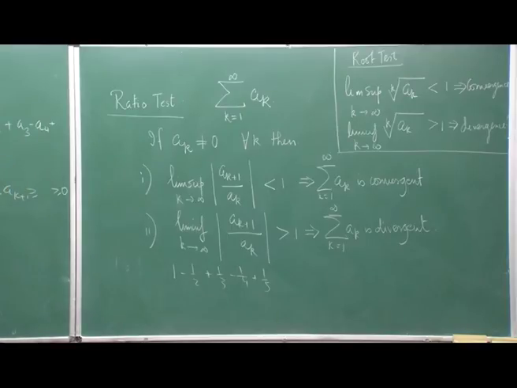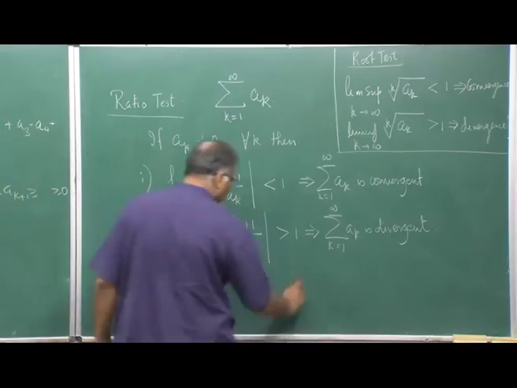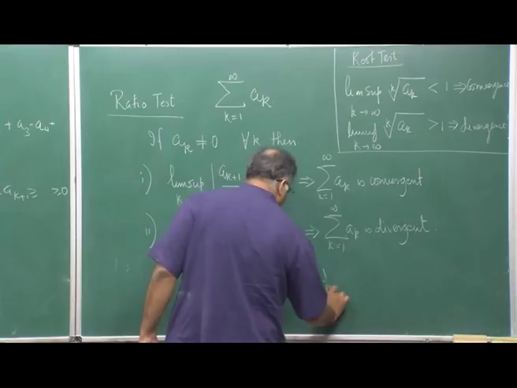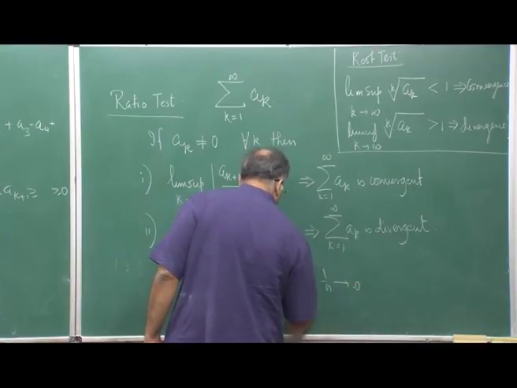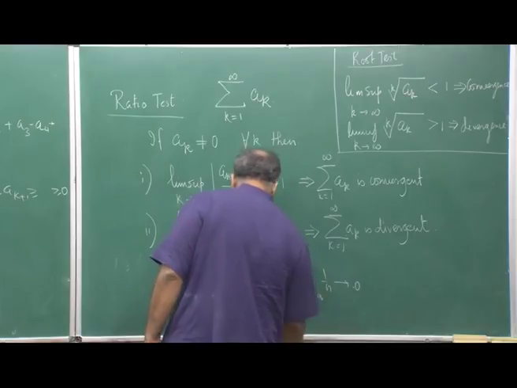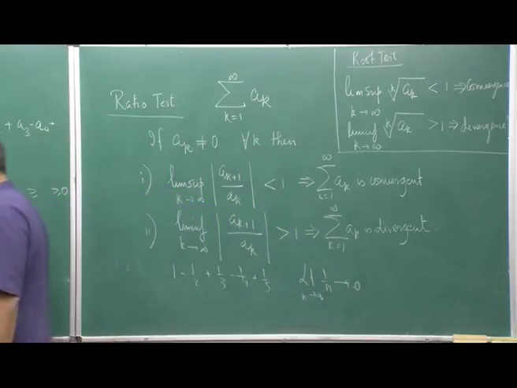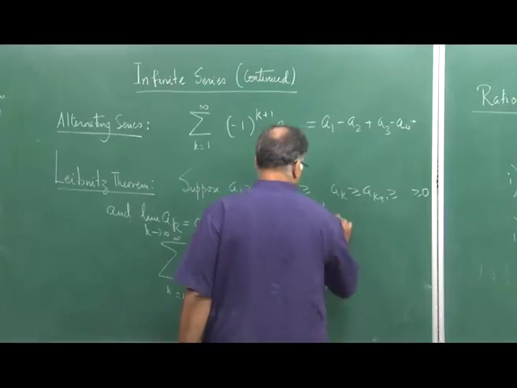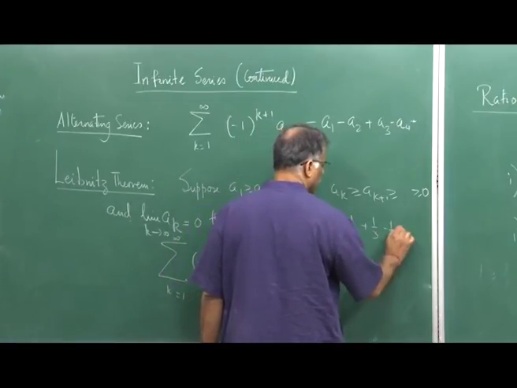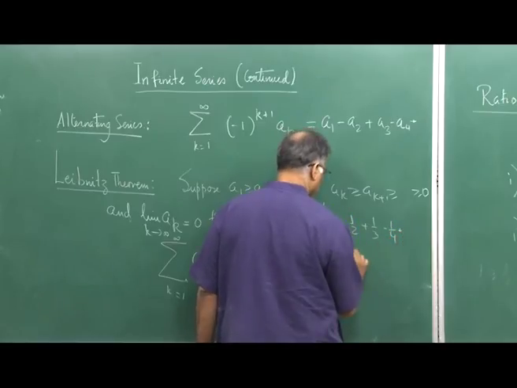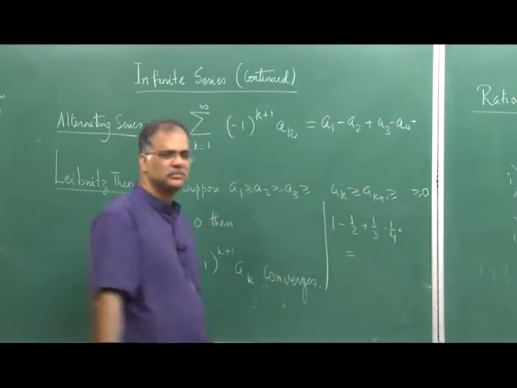And the limit of a_k, obviously the limit of 1 by n, is going to 0 as n tends to infinity. So, this series is convergent, it has a sum.